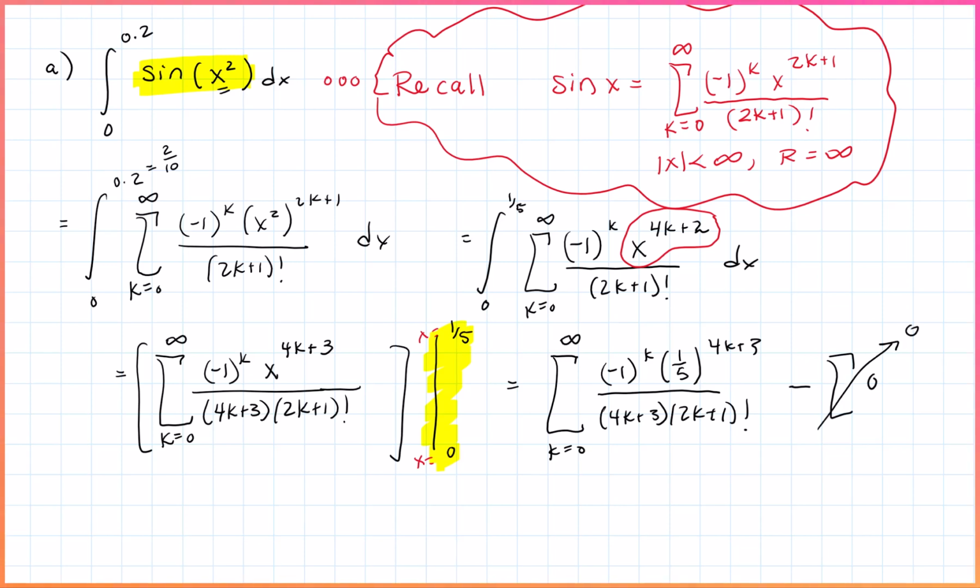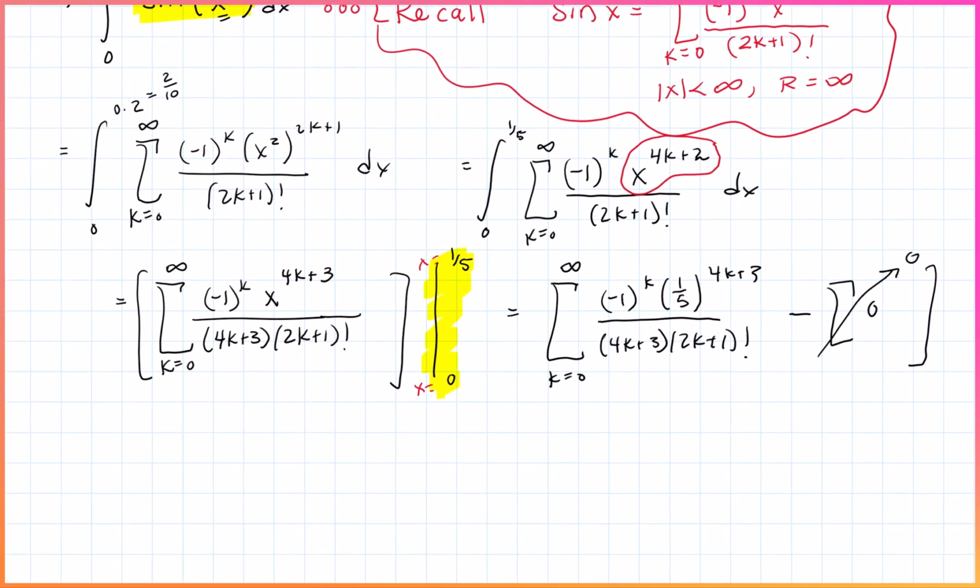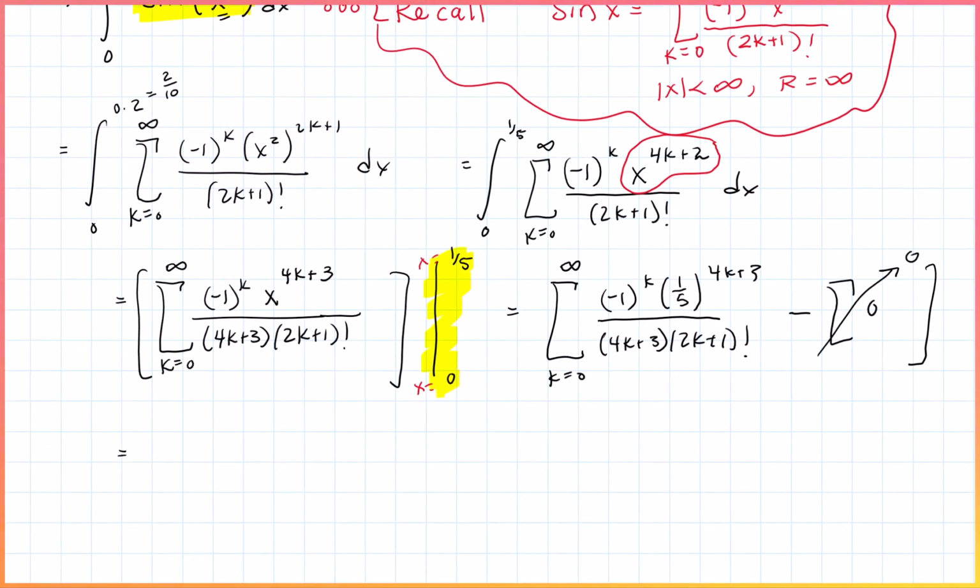So that whole thing becomes 0. We're just subtracting 0.